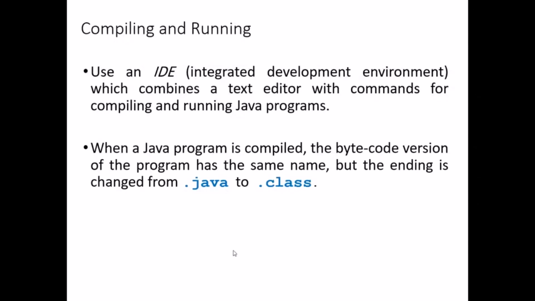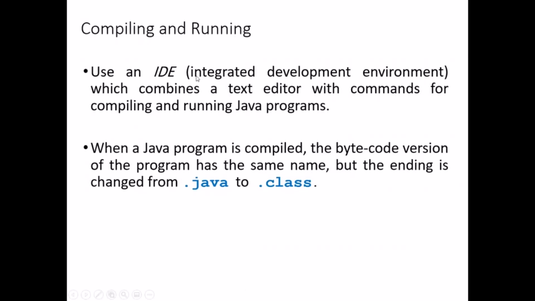In my lecture, I'm going to use a compiler called JGrasp. It's small and fast to run on your computer, but IntelliJ is for professional people, and you need a fast computer. In the lab, they will also teach you how to use these programs.